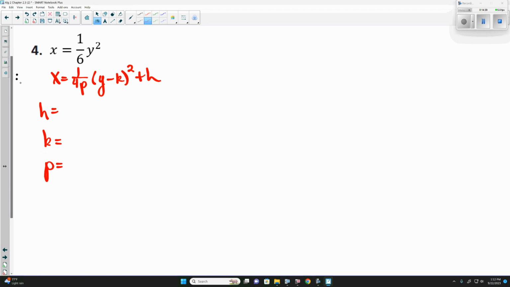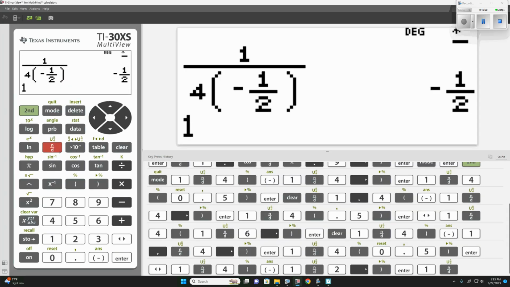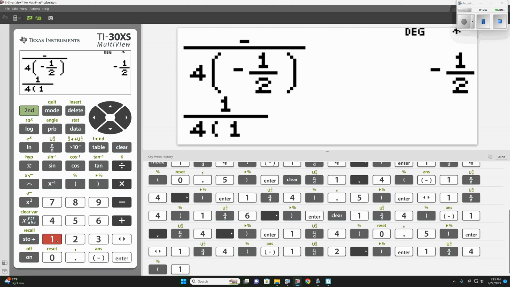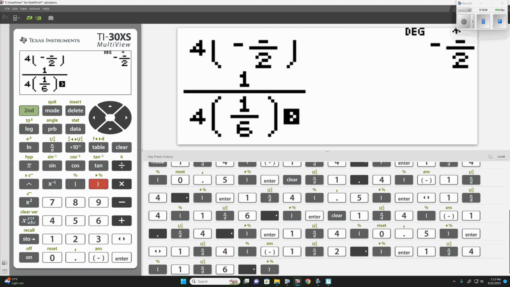Now this one here, what is the value of h and k? 0 and 0. Now again, to find the value of p, we take 1 over 4 times whatever number's in front of the variable with an exponent. So in this case, we take 1 over 4 parentheses 1/6.